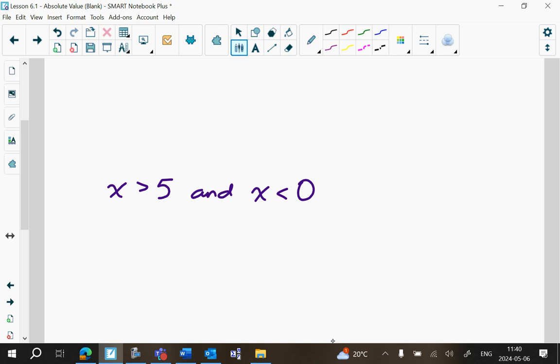By the way, this says greater than. A number that's greater than 5 and less than 0. Anybody? Why is everybody hesitating? Why is no one talking? Because there's no number that can both be bigger than 5 and less than 0.